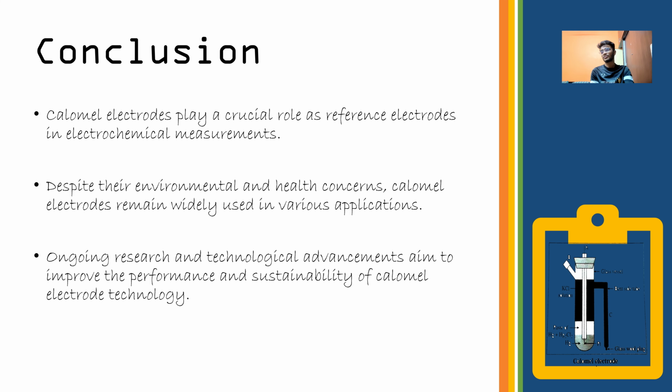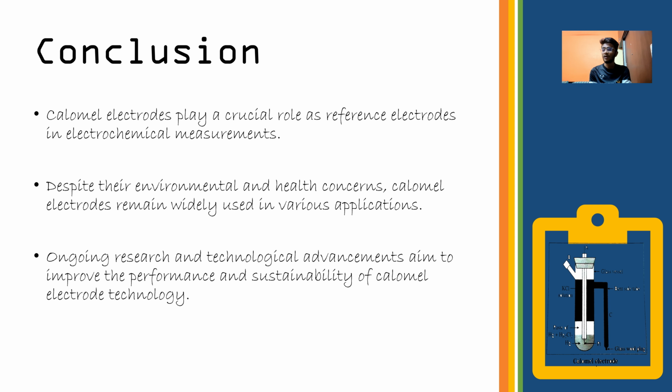Coming to the conclusion, Calomel electrodes play a crucial role as reference electrodes in electrochemical measurements. Despite their environmental and health concerns, Calomel electrodes remain widely used in various applications. Even though there are many disadvantages of Calomel electrode, there is no drop in its use. Instead, people are still using the Calomel electrode even right now.